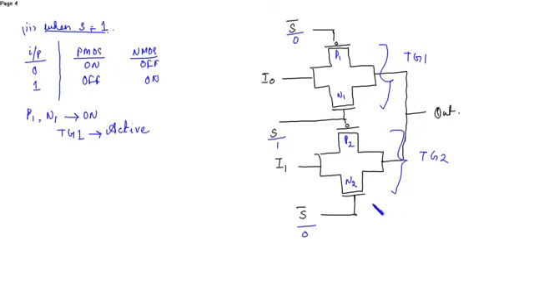while in the transmission gate 2, S is 1, that is at P2, 1 is applied and at N2, 0 is applied. So P2 and N2 will turn off. That is transmission gate 2 is inactive.